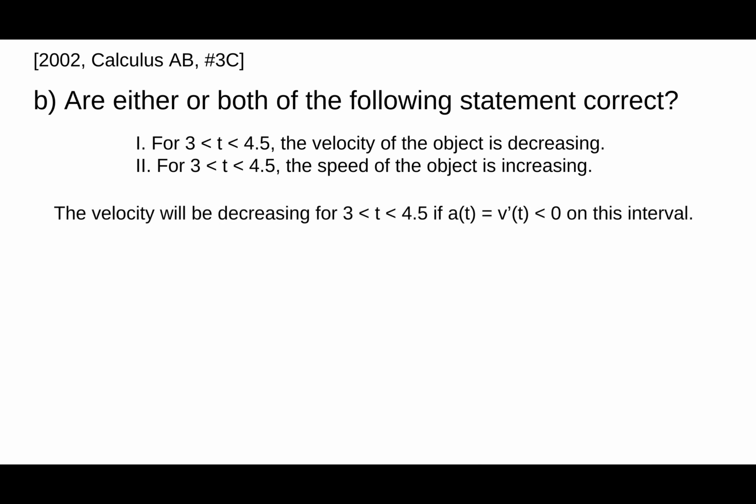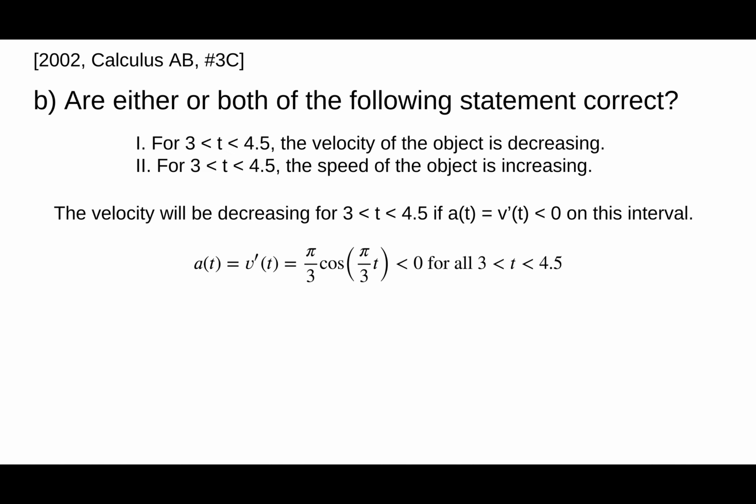All right, well, the velocity of the object will be decreasing if v prime of t is less than 0 on the interval from t equals 3 to 4.5. Well, that's easy enough to find out. V prime of t, we found a formula for that in the first part of this question. V prime of t is pi thirds times cosine of pi thirds t, which, if t is between 3 and 4.5, is negative for all such values of t.